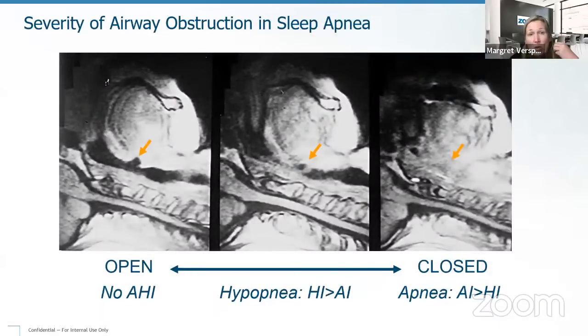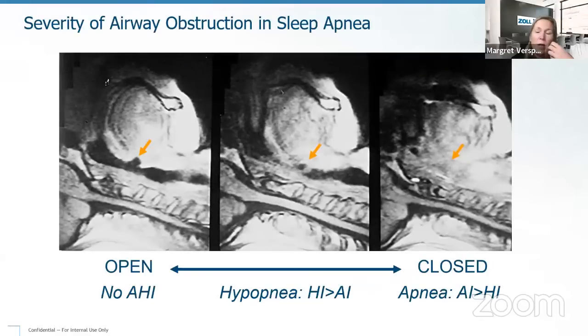Based on flow limitation, we can say this is a hypopnea or this is an apnea event. But we don't have flow, so we are not making a difference between apnea and hypopnea. If you want, you can go to the raw data to see what's going on. We are also not measuring the duration of the events.